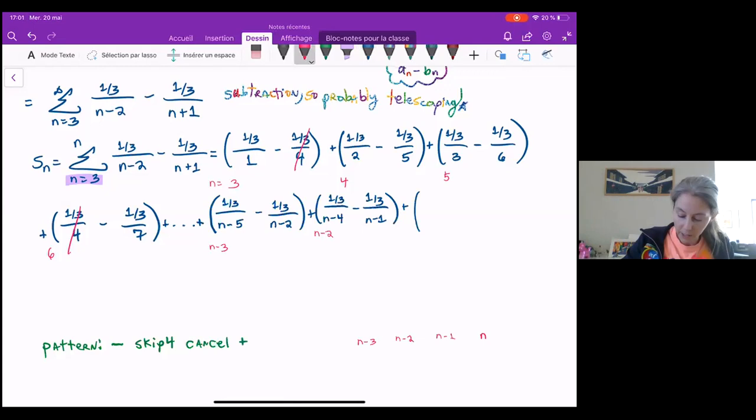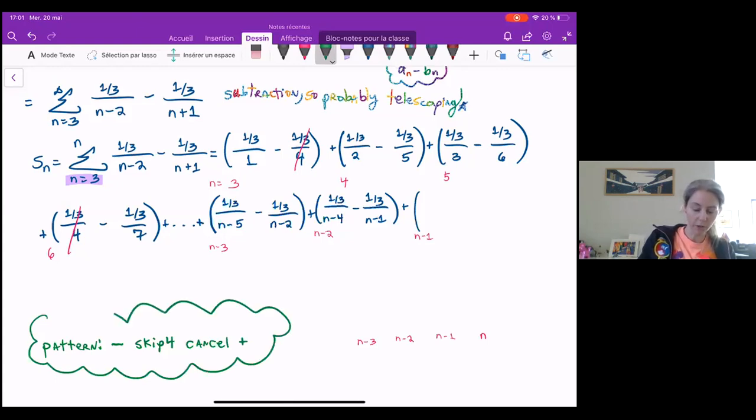Then I'm going to plug in n minus 1. What will I have here? What will be inside when I plug in n minus 1? You got it.